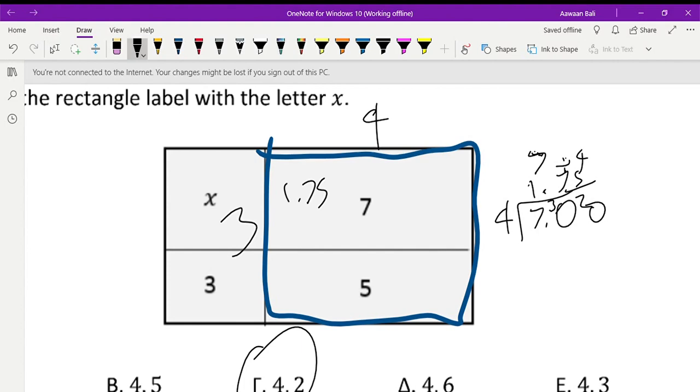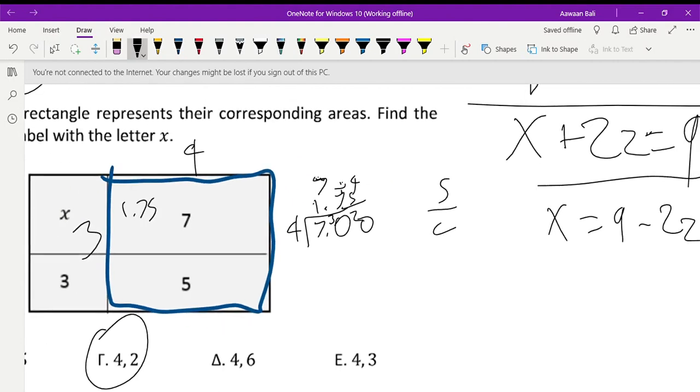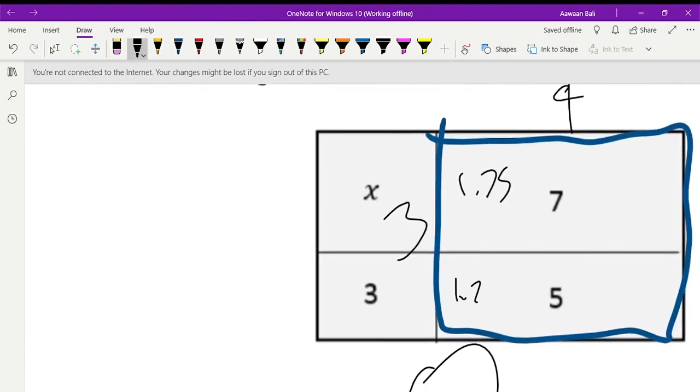Anyways, 5 divided by 4 is a totally different thing. 5 divided by 4 is 1.25. So that's 1.25. 1.25 times 2. Oops, didn't get it.